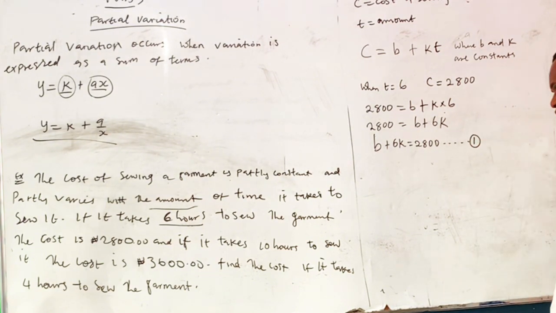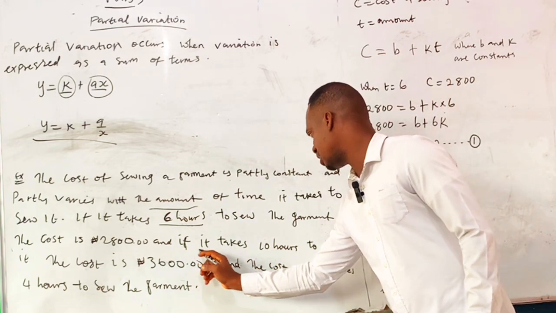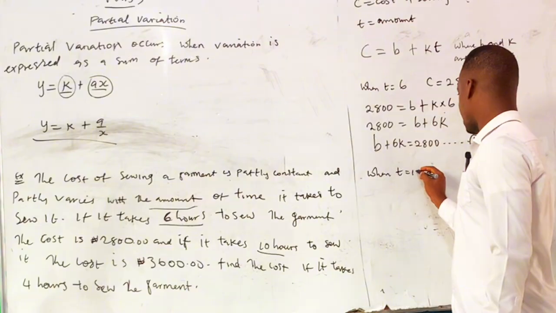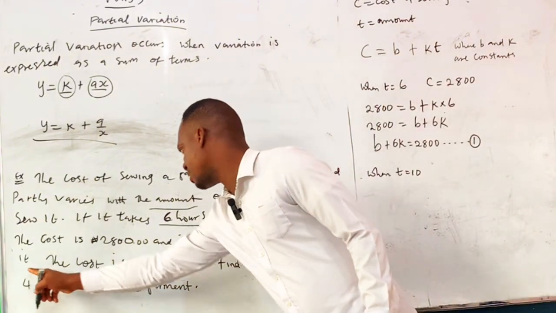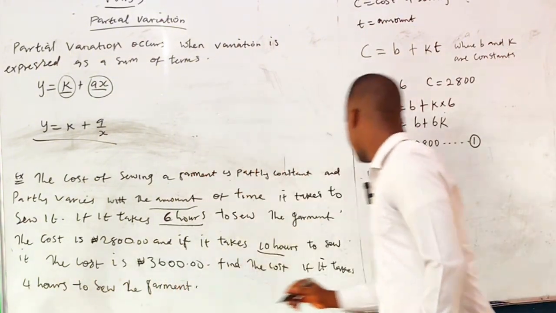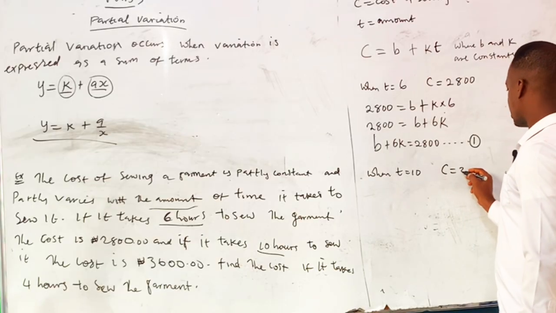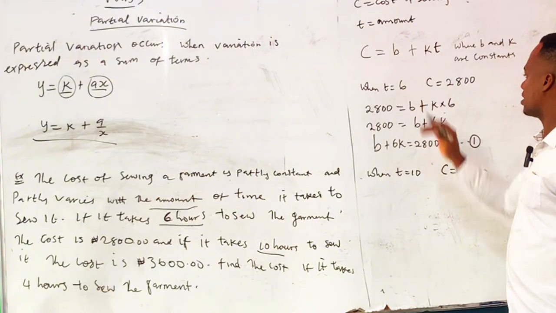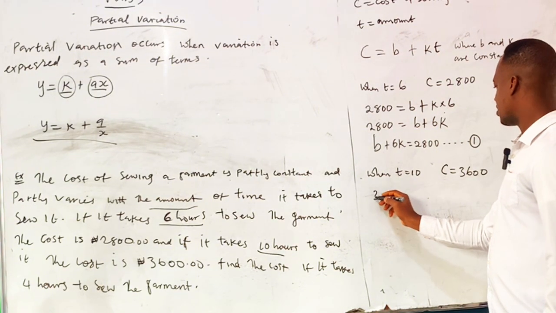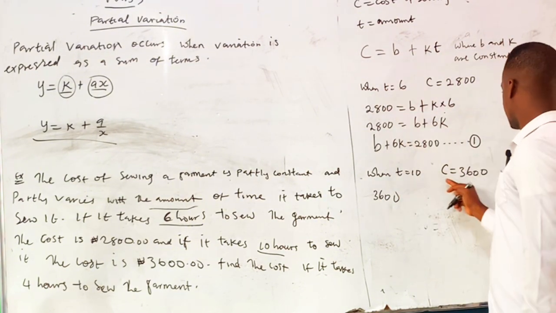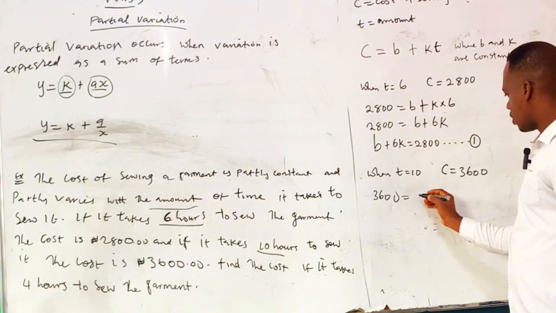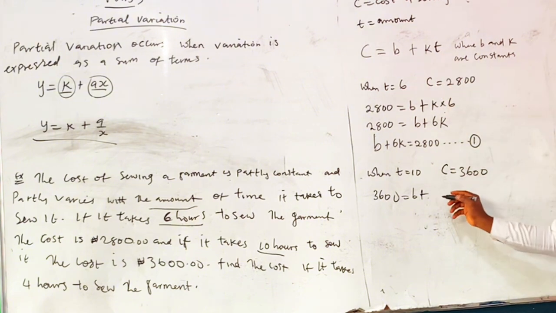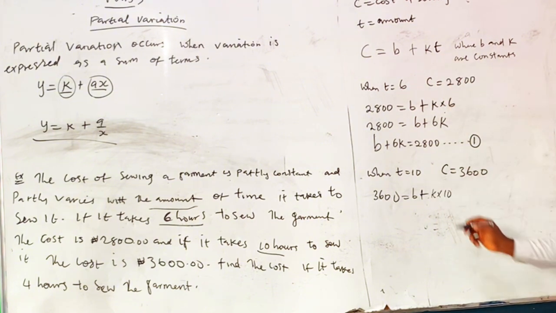Okay? So let's proceed. The second part of the question says if it takes 10 hours, that is when T is 10, to sew it, the cost is 3,600. That's C is equal to 3,600. So let's put this back again to that equation. So we're going to have 3,600, that's C, is equal to B plus, our T is 10, so we have K times 10.